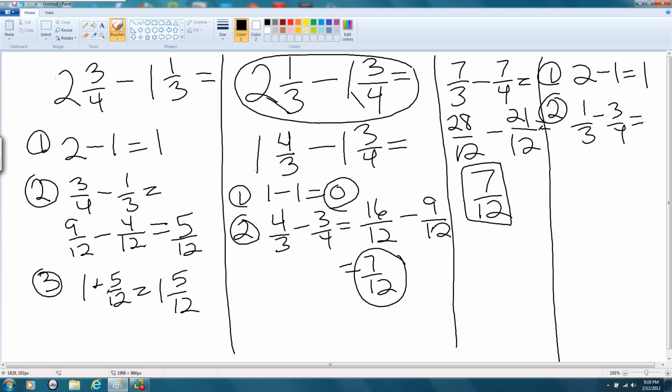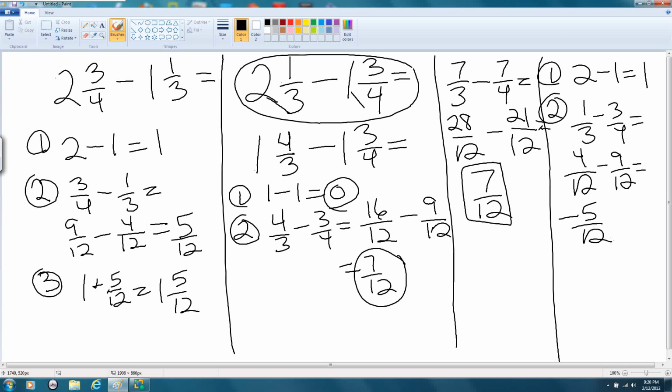And that's equal to, we're going to convert those both to twelfths. So that's going to equal 4 twelfths minus, top and bottom by 3, 9 twelfths. And then we've got 4 twelfths minus 9 twelfths. So 4 minus 9, that's negative 5 twelfths.